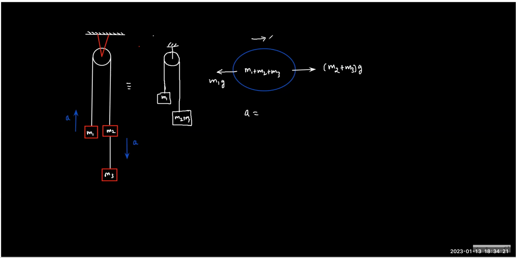It is going this way, no? Acceleration is defined as net pull force upon total mass. So in the net pull force, how much should I write? (M2 plus M3) into G minus M1G equals (M1 plus M2 plus M3) into A. This is what you're saying, right? Yes. Rugved, you understood? Yes, sir.